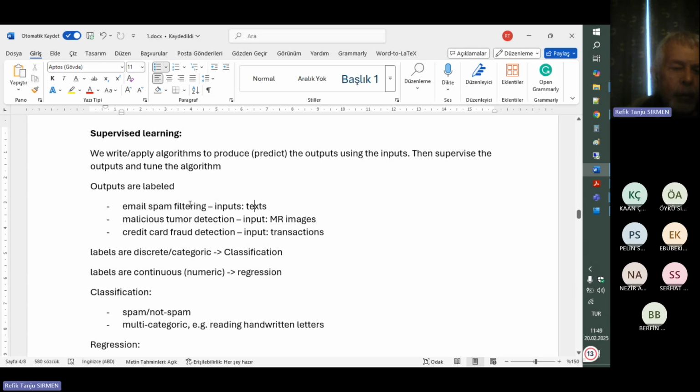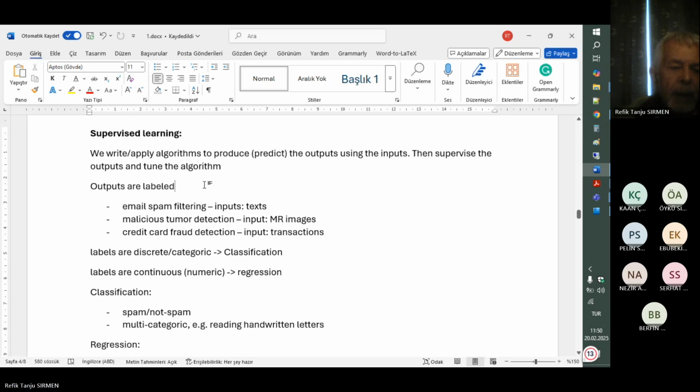And we also know the labeled output. That means that this text, this input, is spam, but this one is not, this one is not, this one is spam. So by looking at the inputs and output, we create the model in between. What model are we talking about? The decision model, of course.